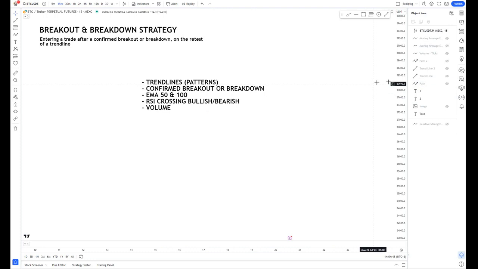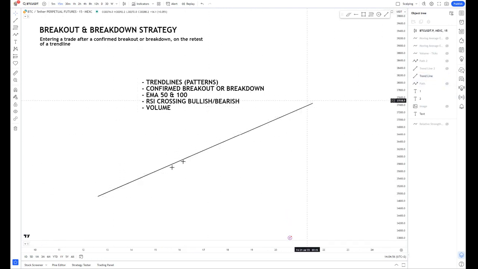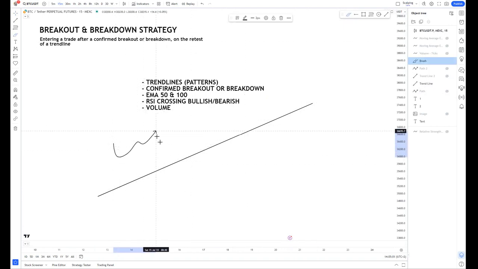So I'll give you an example of what a breakout and a breakdown should look like. So let's say you have a trend line with price hovering above, so price is moving there, and this trend line obviously should have impact points, a minimum of 3. So what should a breakdown look like?